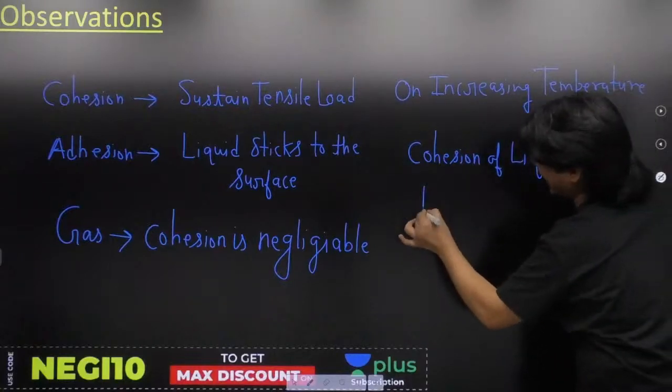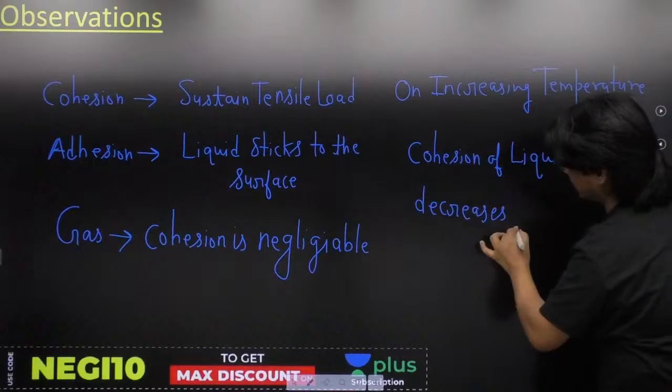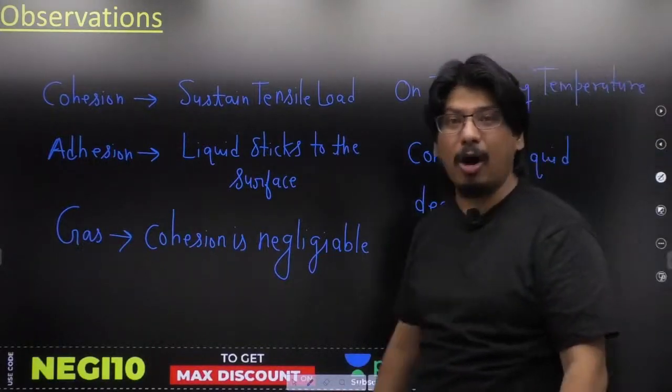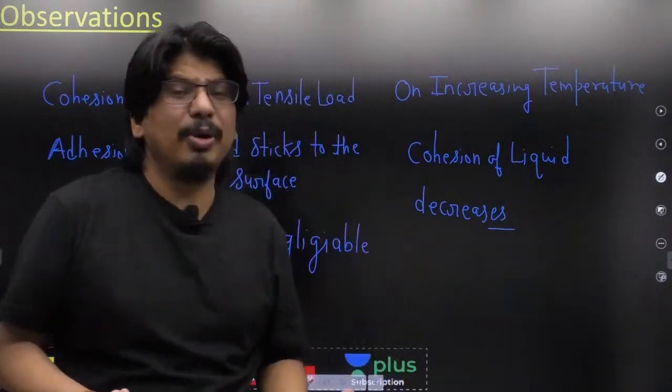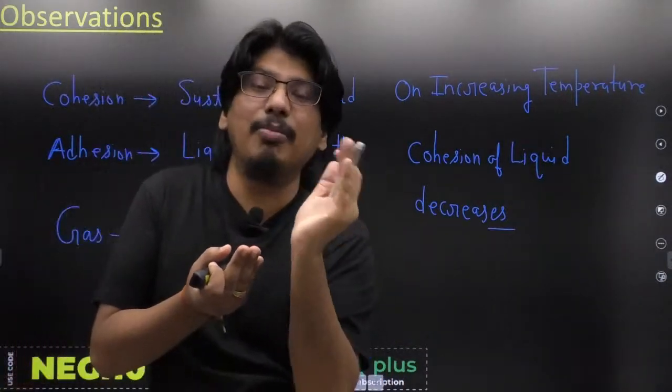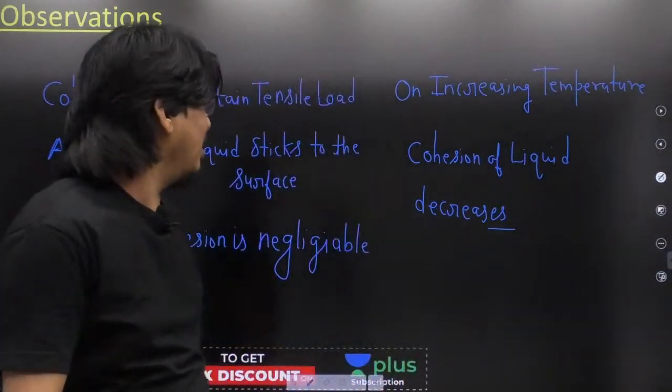Cohesion of liquid decreases. Why does cohesion of liquid decrease? Because when I am increasing the temperature, random movement will increase for the liquid molecules and 100% cohesion will decrease.